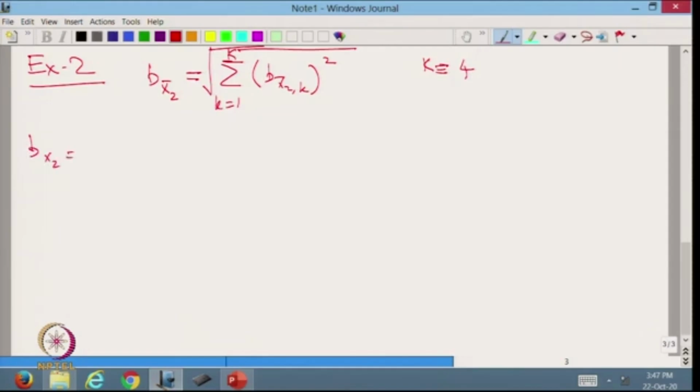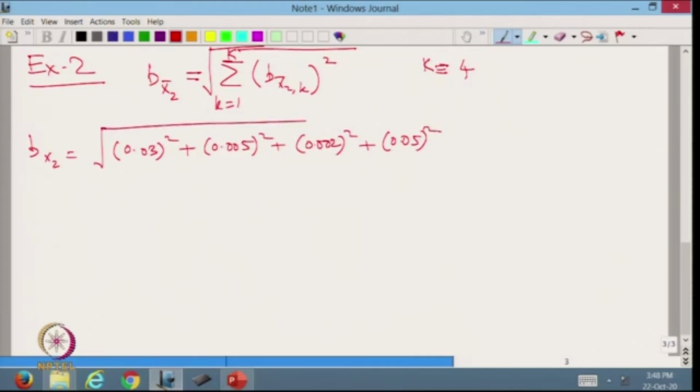So, b x2 is equal to square root of the square of all those terms that we had. (0.03) square plus 0.005 square plus 0.002 square plus 0.05 square and square root of all of that.